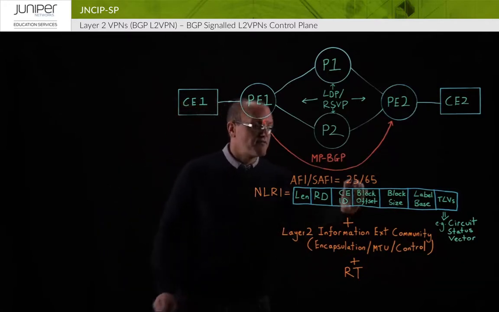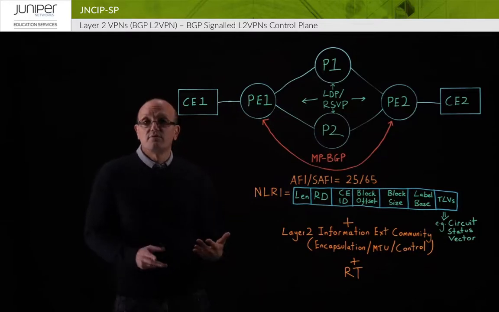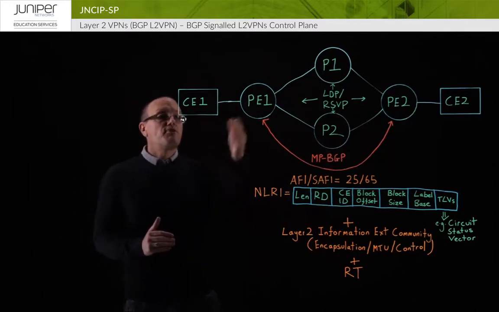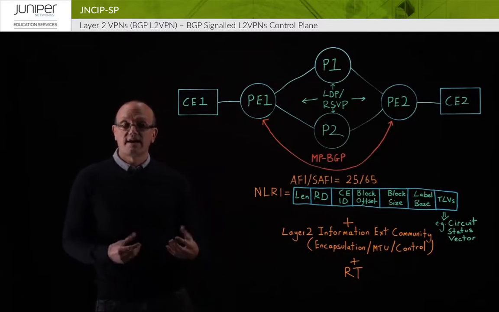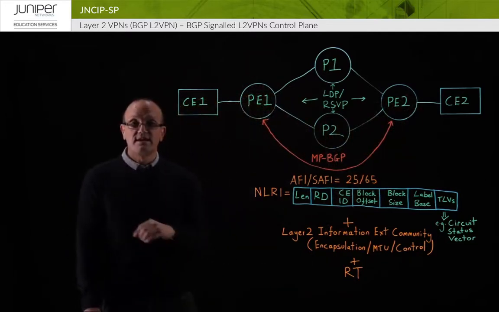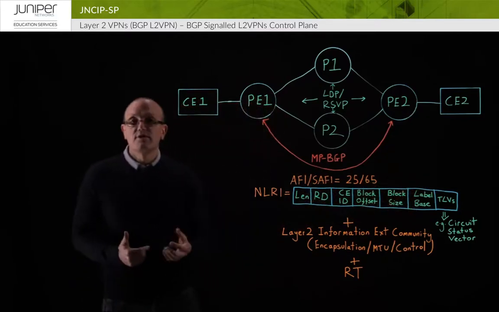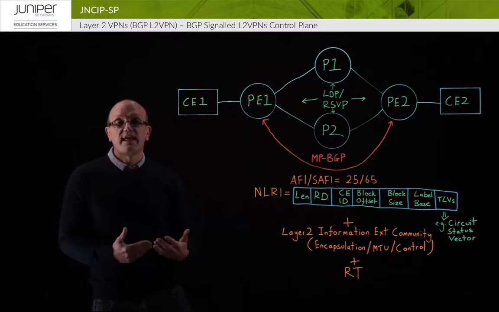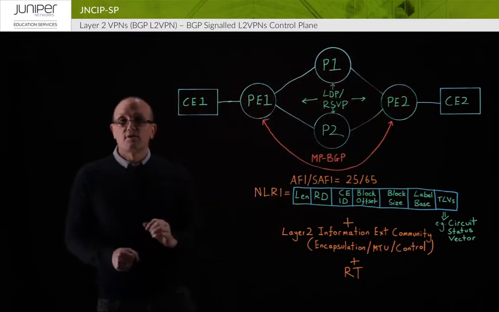And then we have three values that relate to the MPLS label that we're going to be pushing onto a packet on transmission and removing from a packet on receipt on ingress and egress PEs. This is the innermost label we're talking about when we have a multiple label stack in this MPLS signaled network.